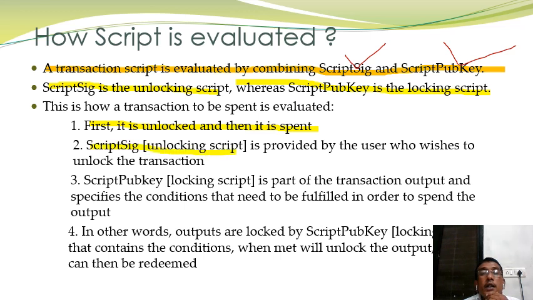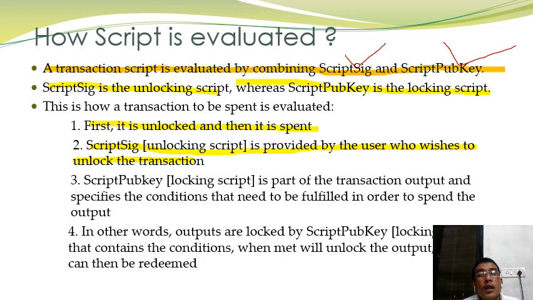Script signature is nothing but the unlocking script; in this book the word script signature is used. This unlocking script is provided by the user who wishes to unlock the transaction.